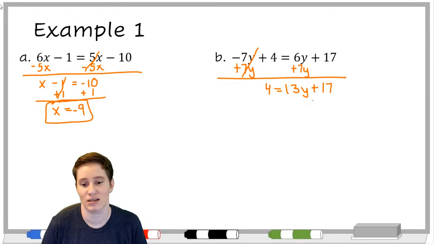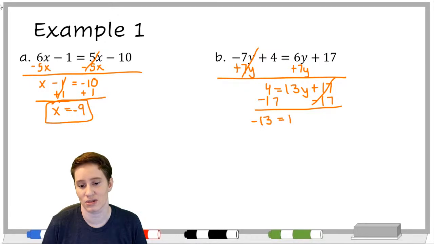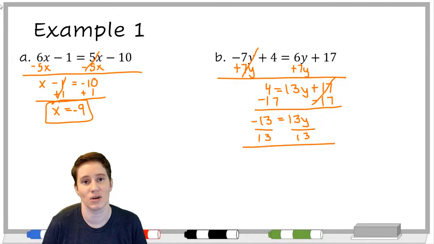I'm going to subtract the 17 over first, and you'll see a really neat thing happens here, that this becomes negative 13 equals 13Y. And so when we divide both sides by 13, we get negative 1, because 13 goes into 13 exactly one time. But that negative makes our answer negative overall.